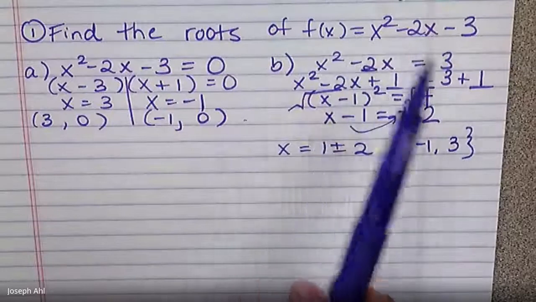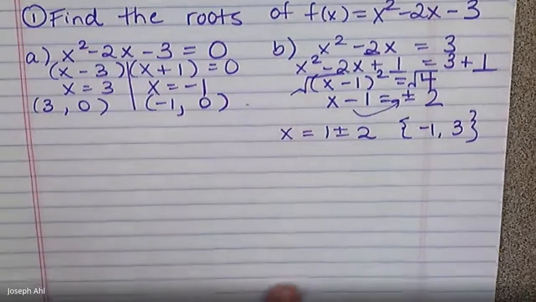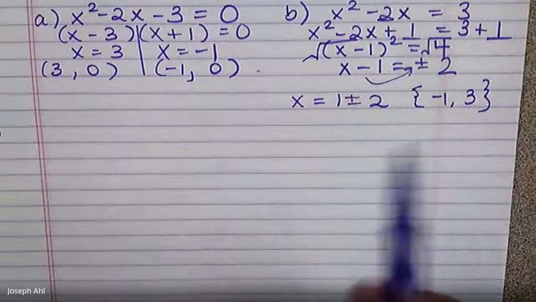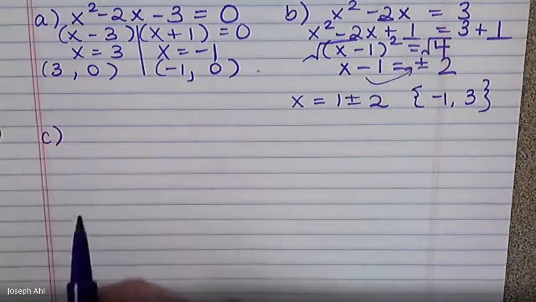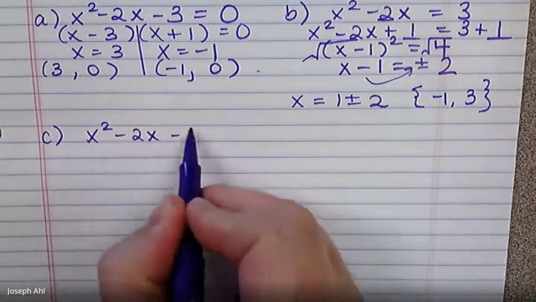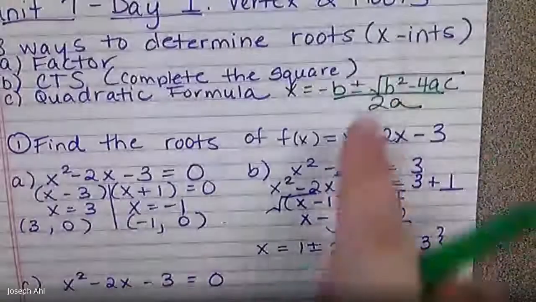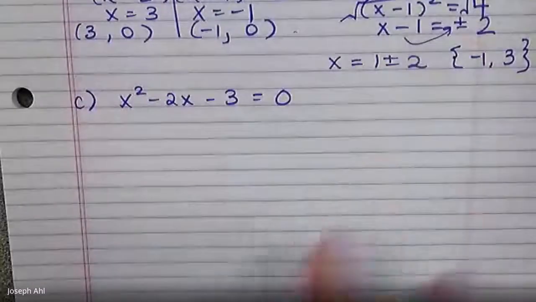So completing the square, when it's not factorable, this wasn't too bad of a process. There might be some other things to look out for with completing the square, though, algebraically. And then finally, for quadratic formula, if I go back to x squared minus 2x minus 3 equals 0, we'll confirm that we can get these same solutions as well. When we're talking about a, b, and c in quadratic formula, they're the coefficients.